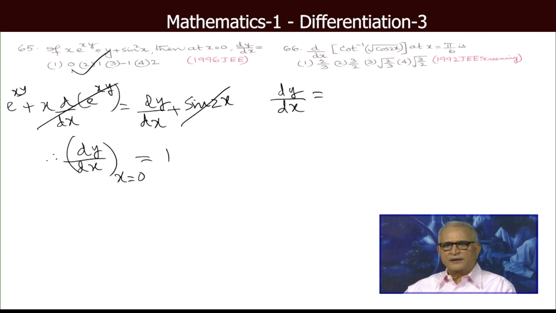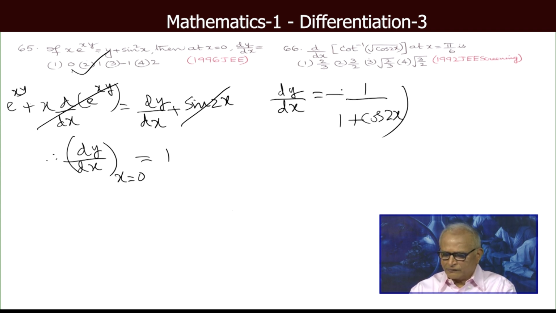Arc cotangent t, where I write t equal to root cos 2x, the given function is arc cotangent t. The derivative is minus 1 by 1 plus t square, that is 1 plus cos 2x, into derivative of root of cos 2x, square root of u, 1 by 2 root u.